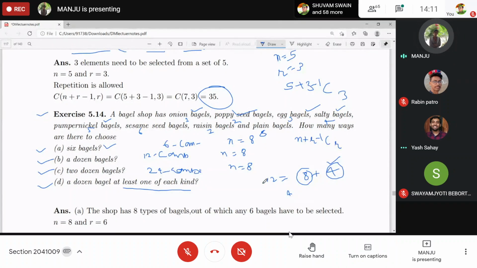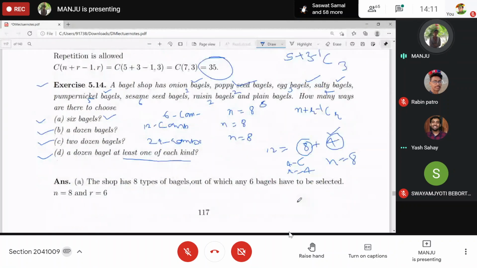Repetition may be allowed. So you can select all onion bagels, or 2 or 3, 2 or 2, like that, 2 1 1, right? So the remaining is 4. You need to select 4 combinations out of 8. N is 8 and R is 4. So how many ways are there?